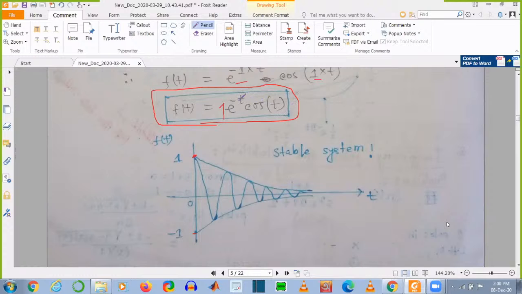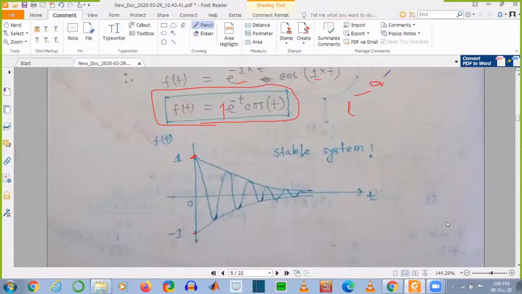So for t equals 0, it will be 1 because cos 0 equals 1, and e to the power minus 0 equals 1, and the magnitude is 1, so it will start at 1. Now, e to the minus t: e to the minus infinity equals 0, you know that.